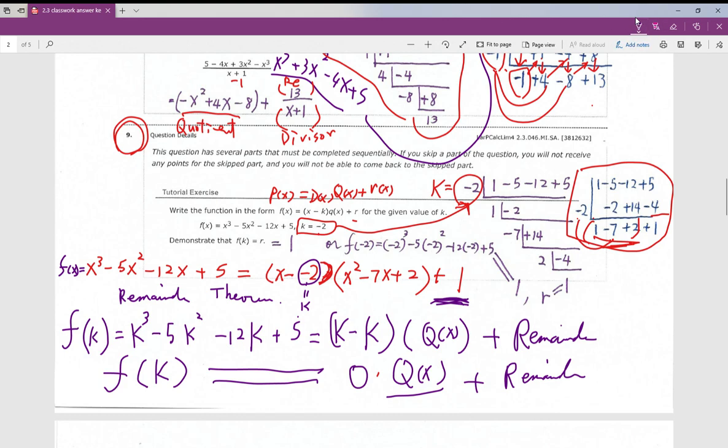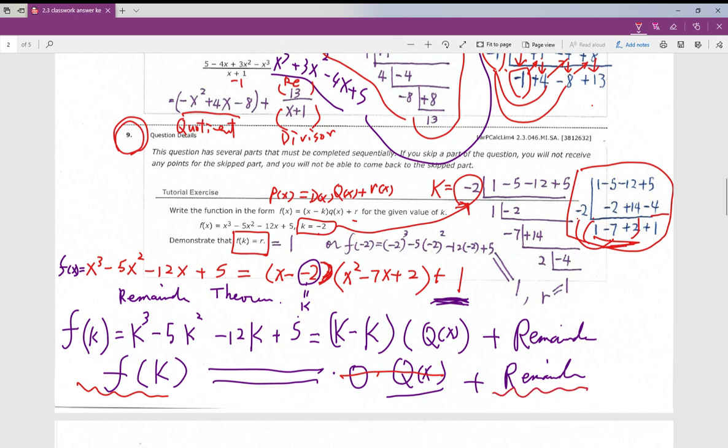You understand this is 0, right? So it's gone. So do I just give you a formula? See, this is the formula. f(k) equals R. f(k) equals the remainder.